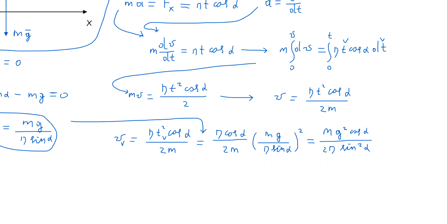And the second part is to find the path that the body traverses until this moment in time. The next part is to find the path length.